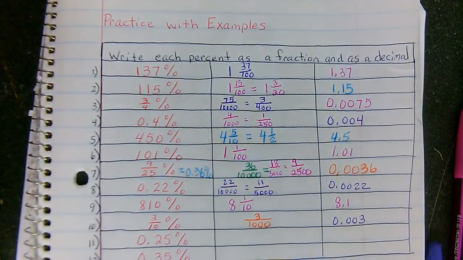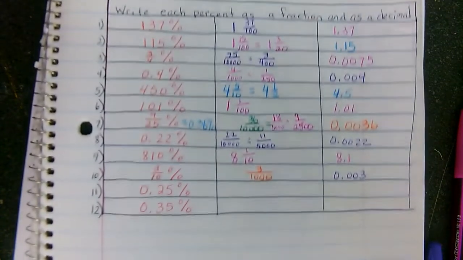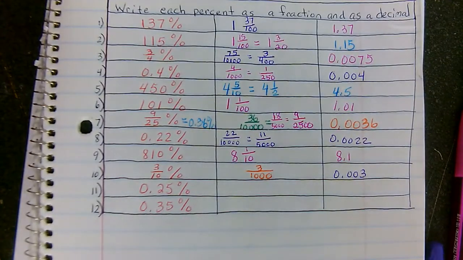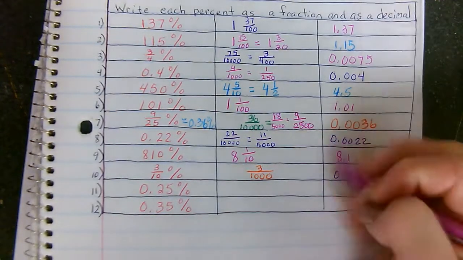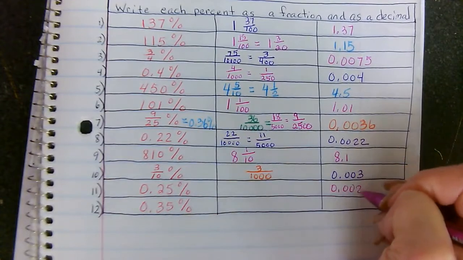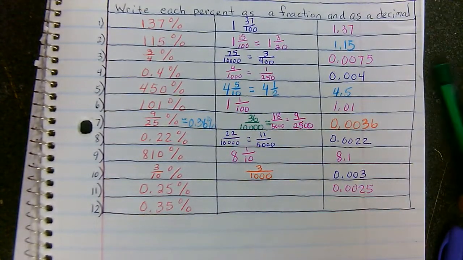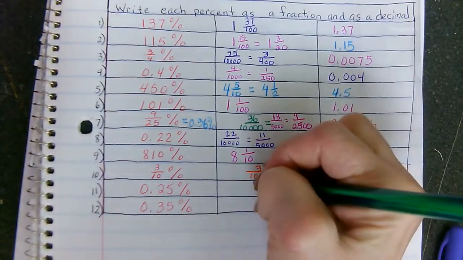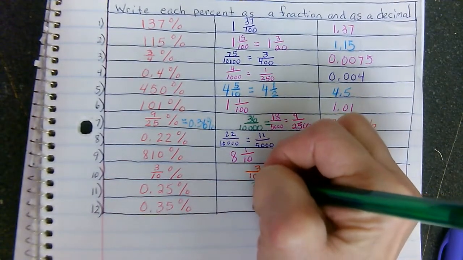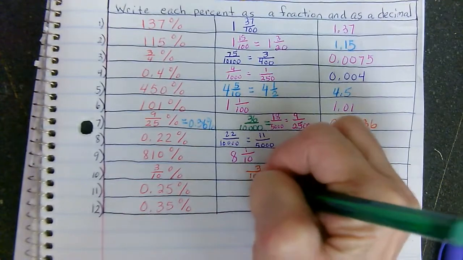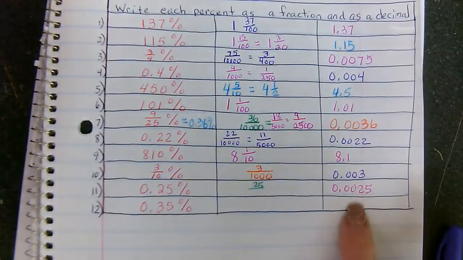Okay? Just 2 left. So 0.25% is the same as 0.0025, okay? Which, if I rewrite this, then that's 25 on the top. Right? Make it 25 over 10,000 on the bottom.